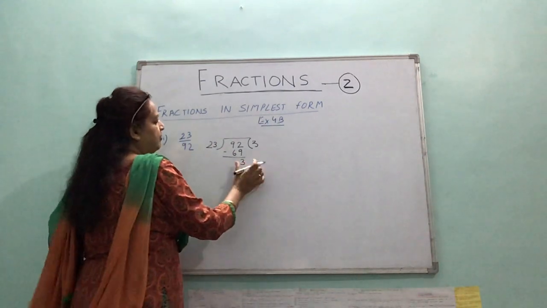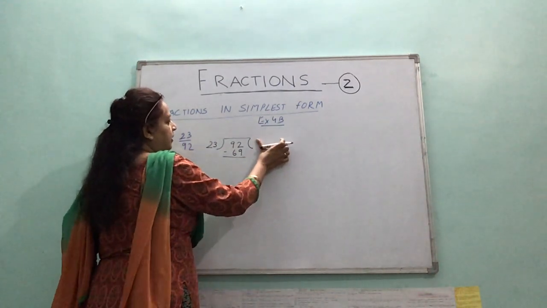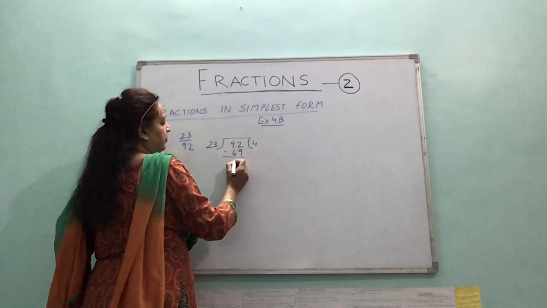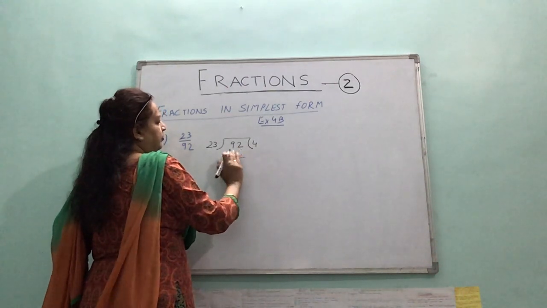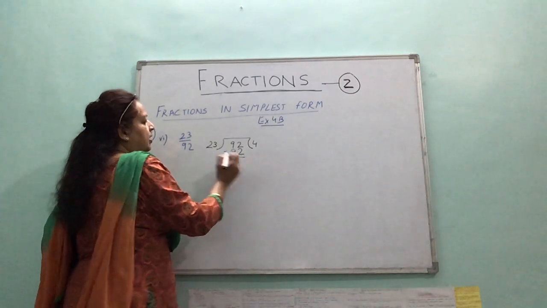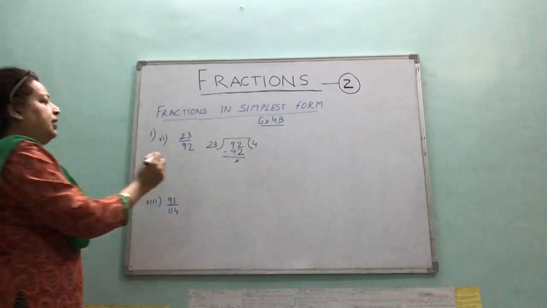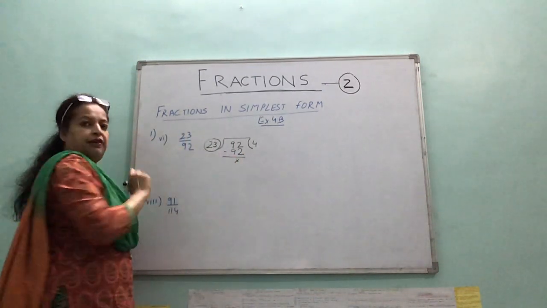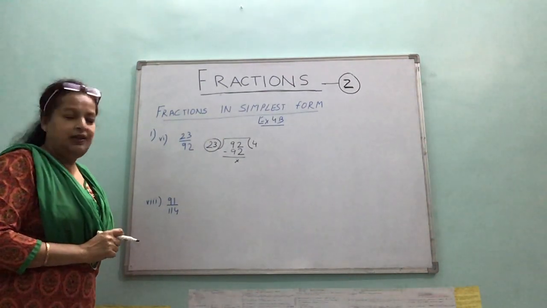It goes 4 times directly. So that means 23 itself is the HCF of the two numbers, right?